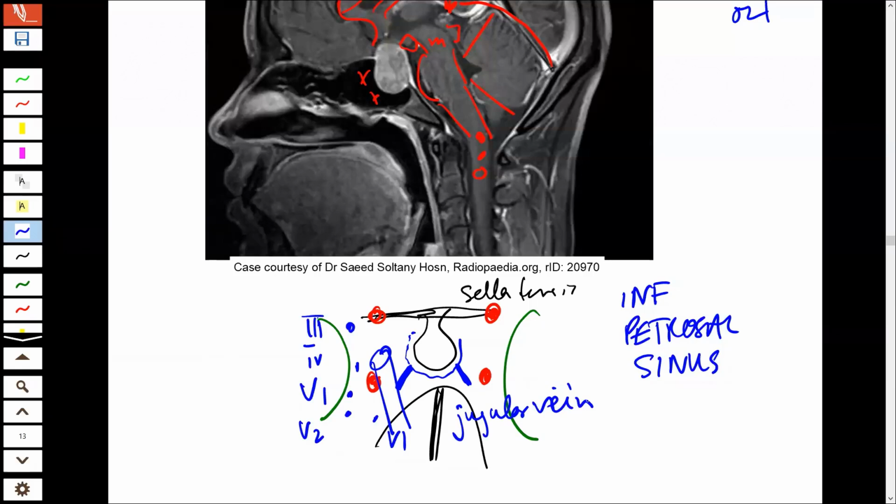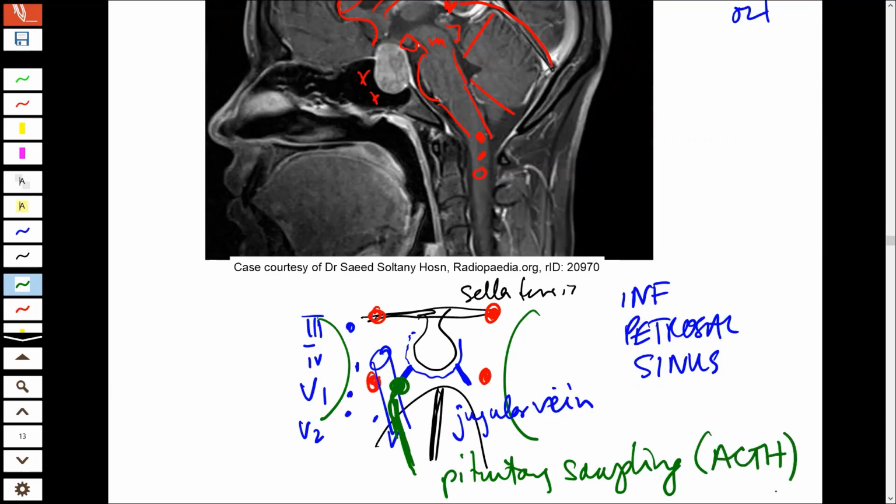So anytime you want direct sampling of the pituitary, you can literally catheterize this and put your little catheter right there, and you can do pituitary sampling. And that has completely replaced, in academic tertiary centers, your high dose dexamethasone for ACTH. Okay, so it turns out that's a reasonably important piece of anatomy.